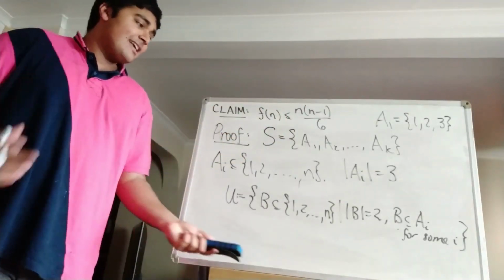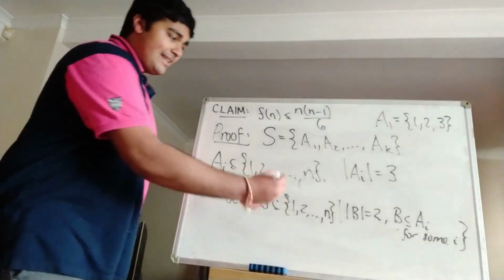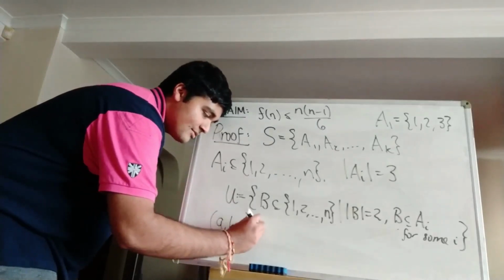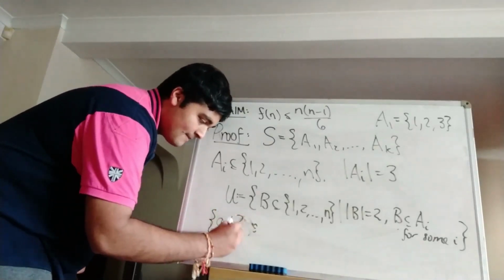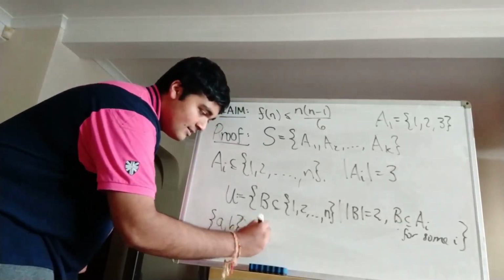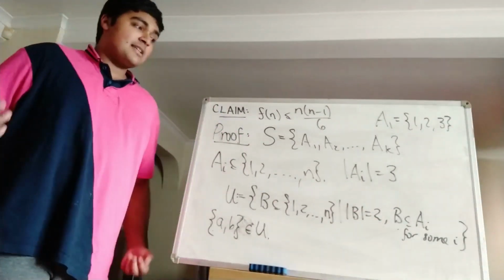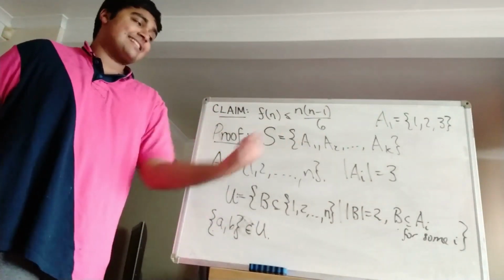And how am I getting this correspondence? Well, I'm taking an element from U, and let's keep it generic, AB, which is going to be in U. Then, from this property, it must be a subset of AI for some AI, and that's the set in S I'm going to correspond it to.